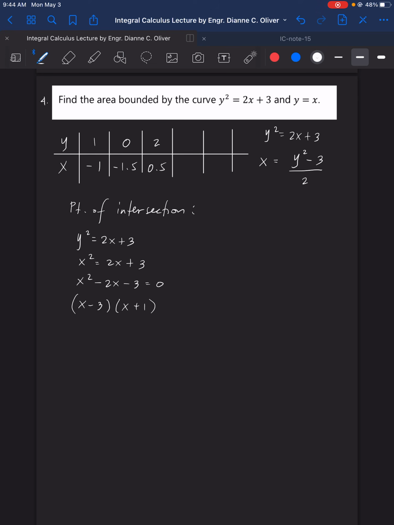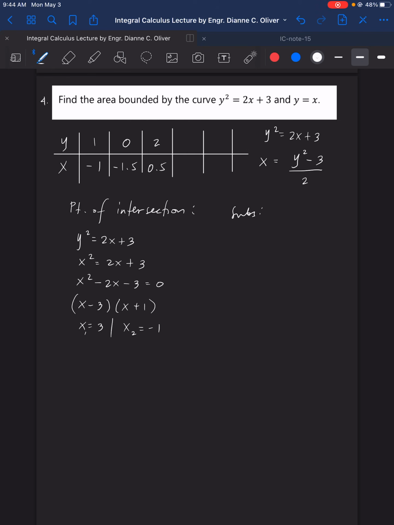Or you can just solve this using the quadratic equation or the calculator. You can use that. So we have here x is equal to 3, x1, or the first point. Then x2 is equal to negative 1.